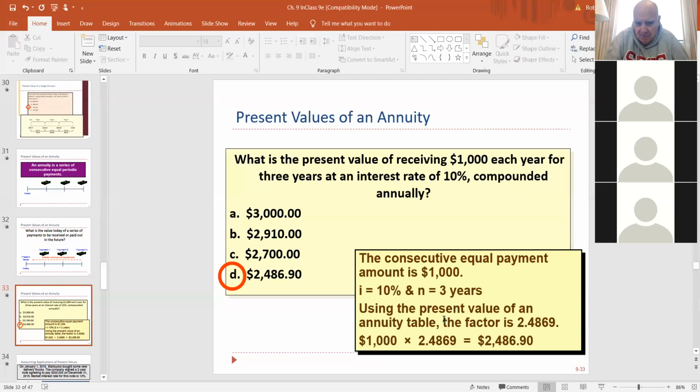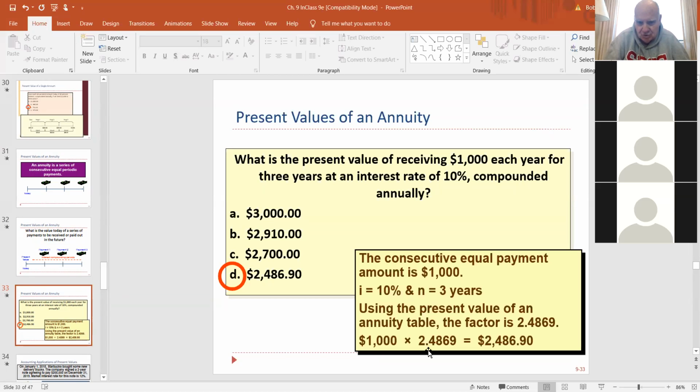Where did they get that number? They went to the annuity table, went to 10%, 3 years, and the conversion there is 2.4869. Okay? 2.4869. Pretty confusing so far, Suda, or do you think you're getting a little understanding?